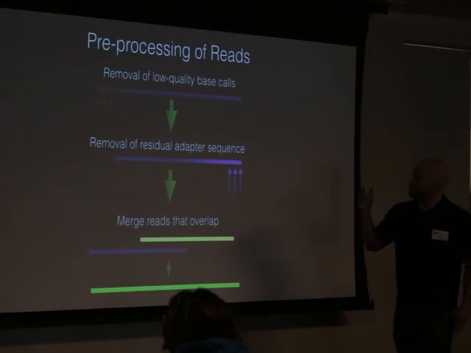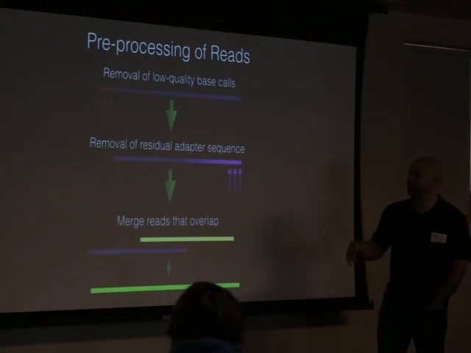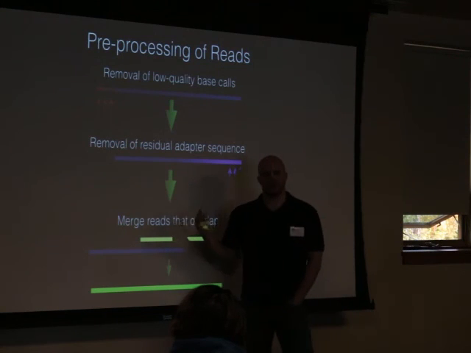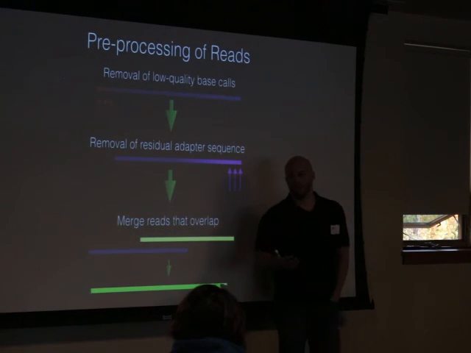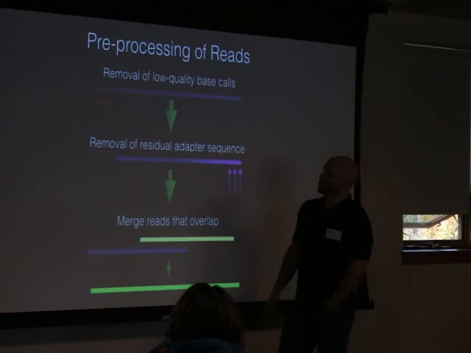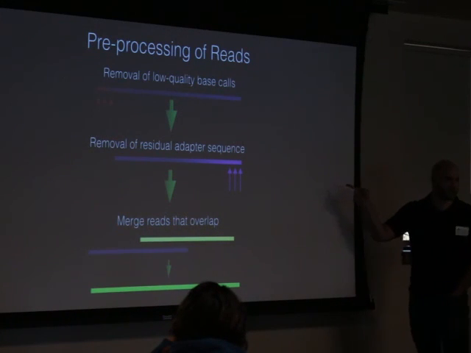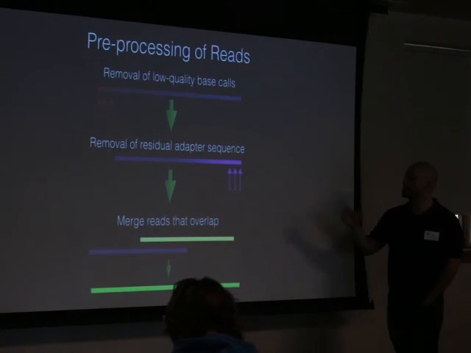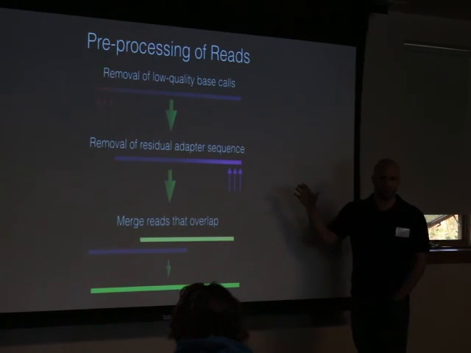Well, if the insert size of your reads is less than the size of the sequencing, say a certain subset of your reads, maybe something went super wrong, and it's been fragmented down to 50 base pairs, and yet you're sequencing it on a platform that generates 100 base pair reads, you actually sequence through, and so you start getting additional adapter sequence. So it's this kind of chimeric sequence where you've got the stuff that you really want, but then you have all these additional sequences that you don't want.